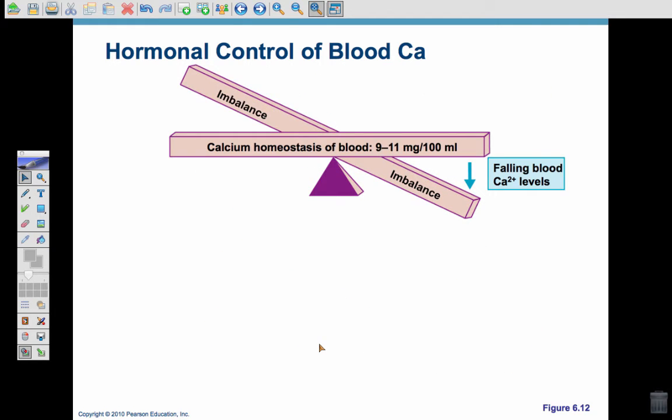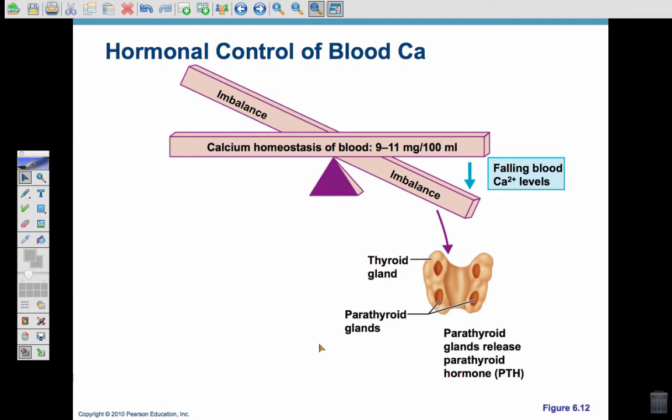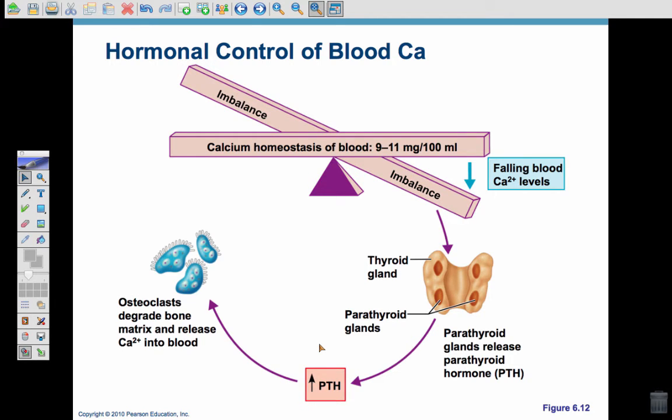On the other hand, when there are falling blood calcium levels, that certainly does stimulate the parathyroid glands to release parathyroid hormone, which in turn stimulates the osteoclasts to break down the matrix, release the inorganic calcium, and that released into the blood will restore the levels of blood calcium to their normal levels.